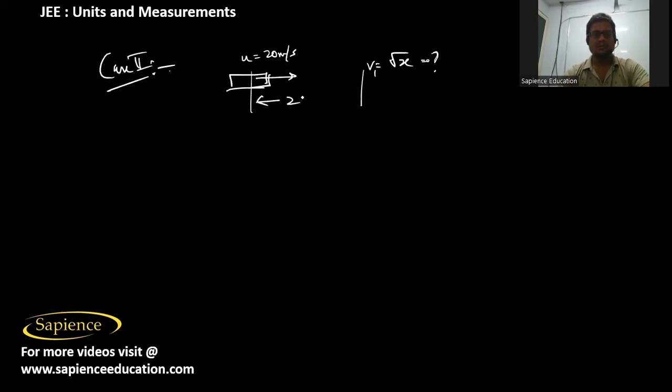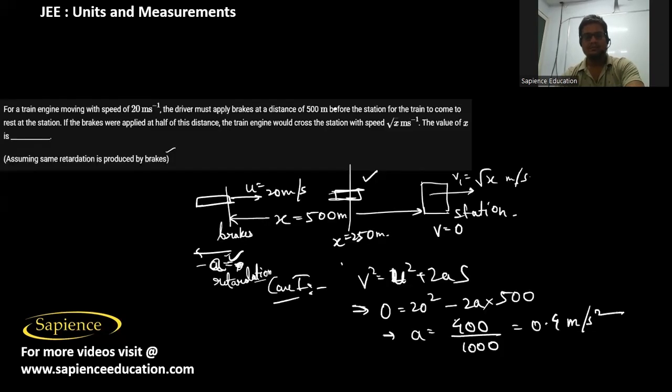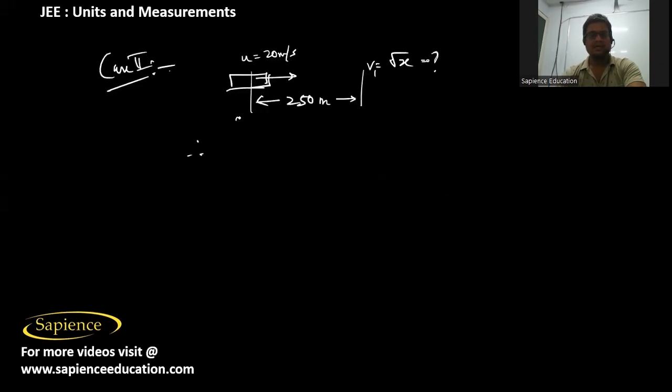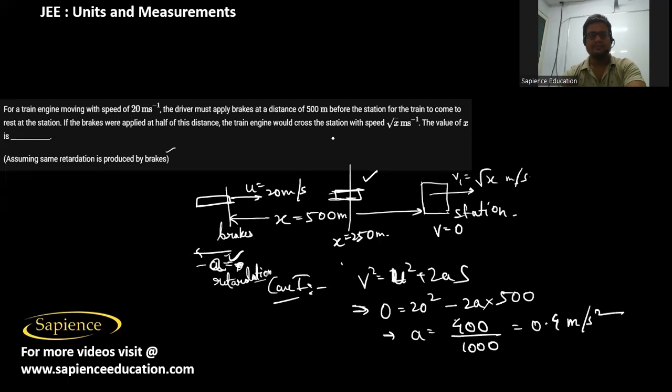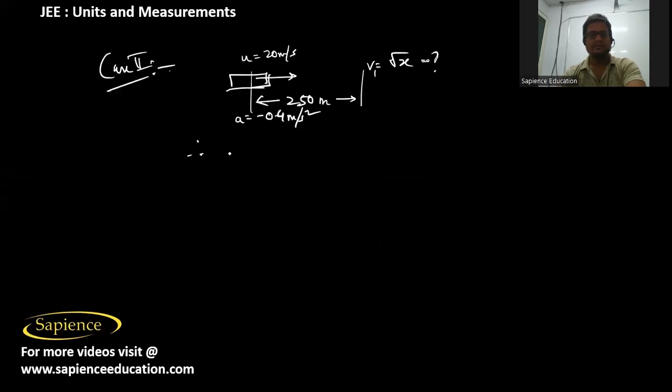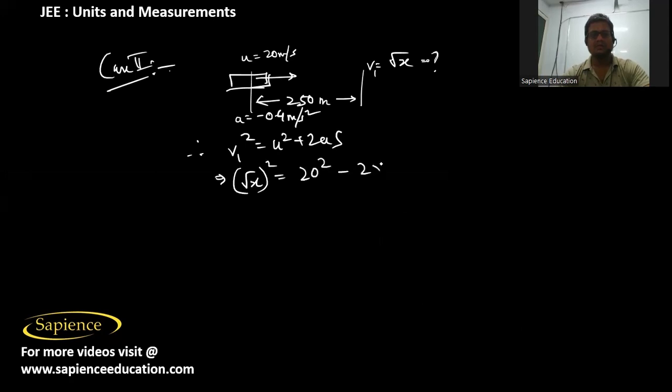The distance is 250 meters, and the retardation is minus 0.4 meter per second square. So we can say v1 square equals u square plus 2as. So v1 square is root x whole square, equal to u square, which is 20 square, minus 2 into 0.4 into s, s is 250.